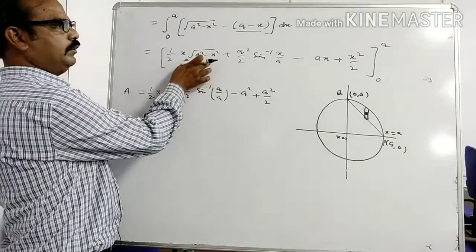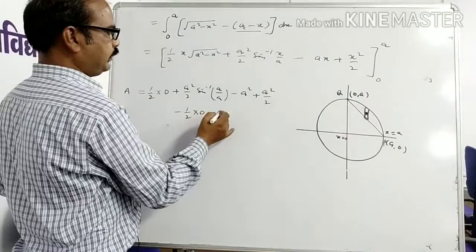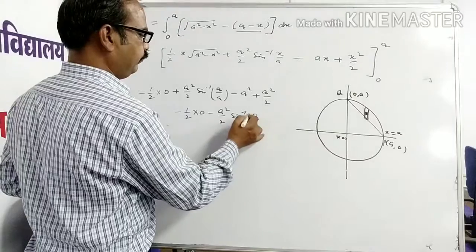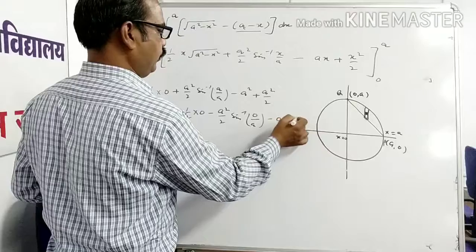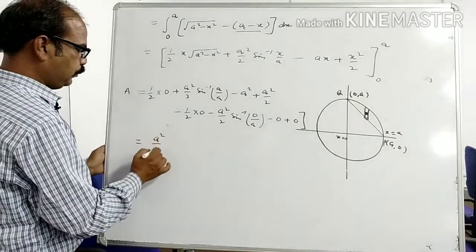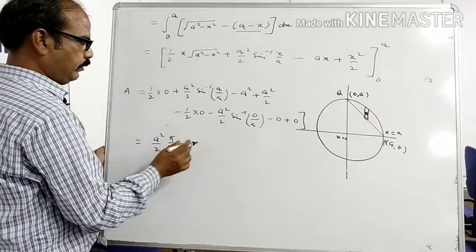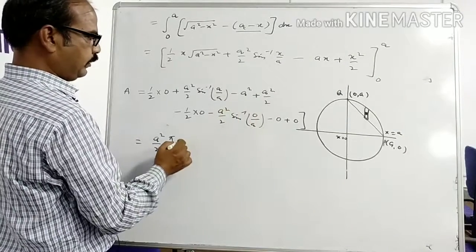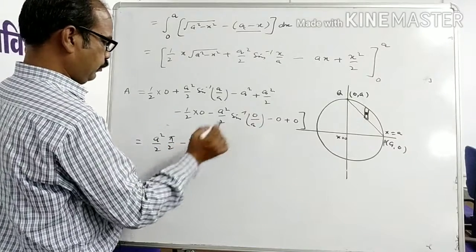If we substitute 0 in this, it is again 0, minus a square by 2 sine inverse 0 by a, which is 0, and minus 0 plus 0. So the result is a square by 2, and sine inverse 1 is pi by 2, minus a square plus this, it is minus a square by 2.